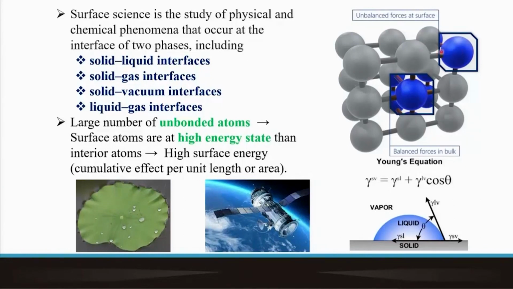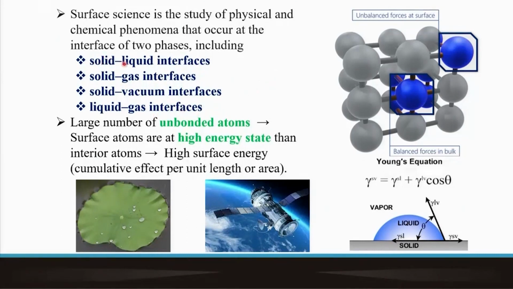So as a result, there will be evolution of unbalanced or unsaturated forces or energy vectors, energy lines somewhere on the surface. The cumulative effect of that put together is what is known as surface energy or surface tension. So it can be expressed in terms of linear forces or planar forces.